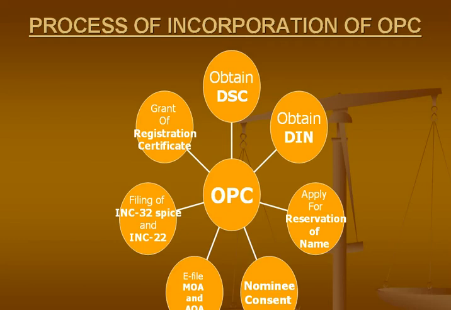Then e-filing of MOA and AOA is to be done, and then finally Form INC 32 SPICE and INC 22 is to be filed with the MCA, and finally the registration certificate is granted.